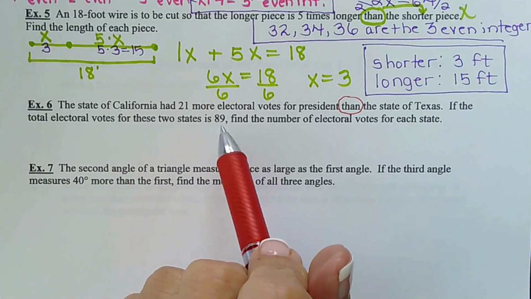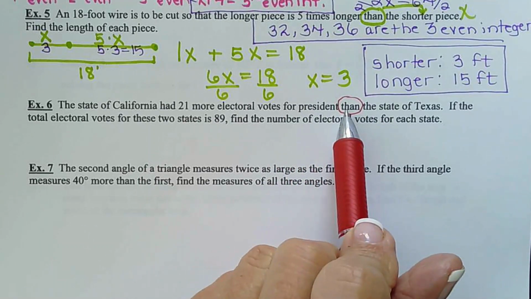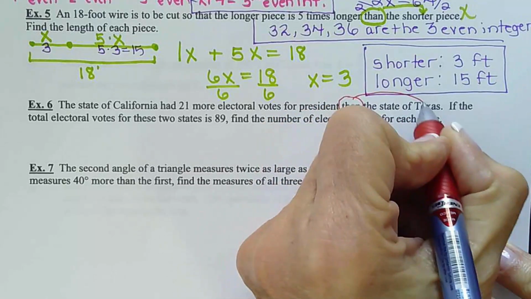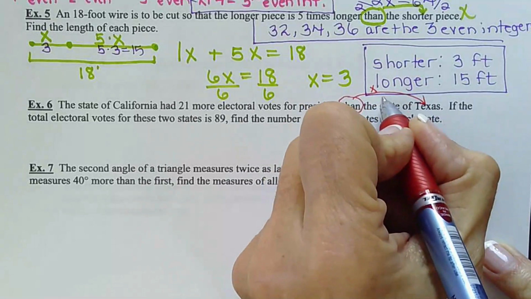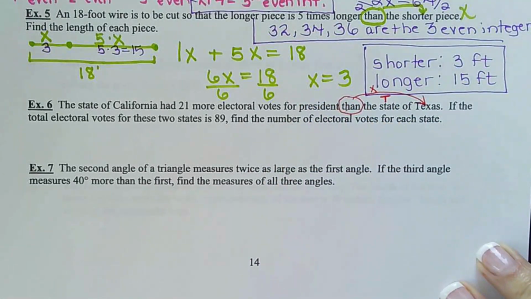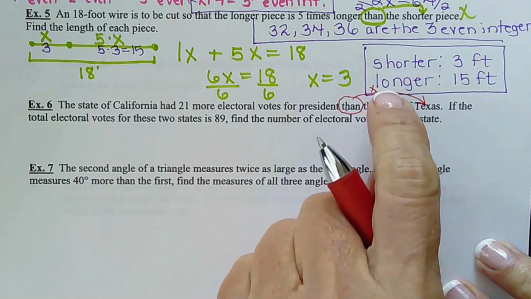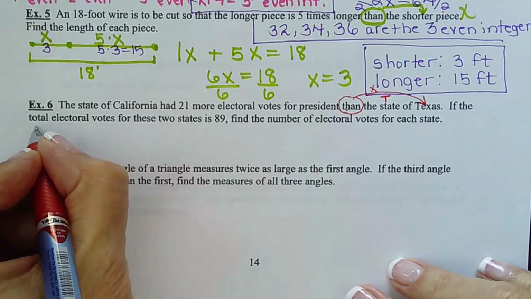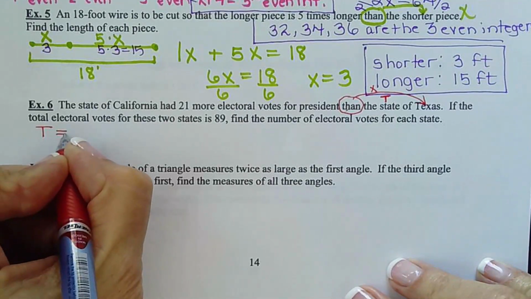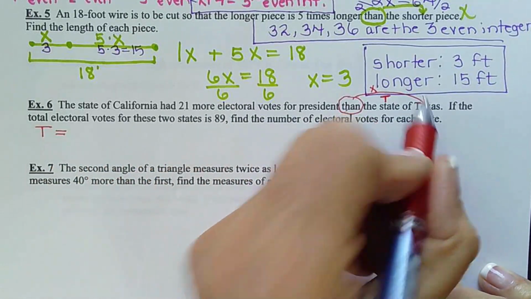Okay, California had 21 more electoral votes than Texas. Boom. There's my X. But calling Texas X is kind of silly. Let's call Texas T. So whatever follows then is your X. Not 3X, not negative X, just X. Or in this case, we'll use T. So T equals number of electoral votes in Texas.